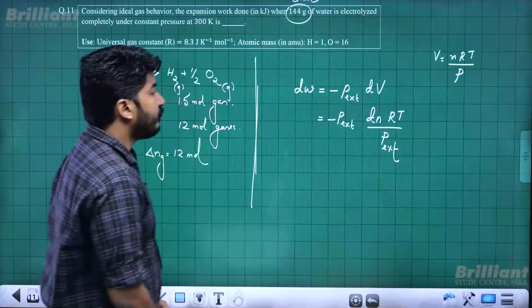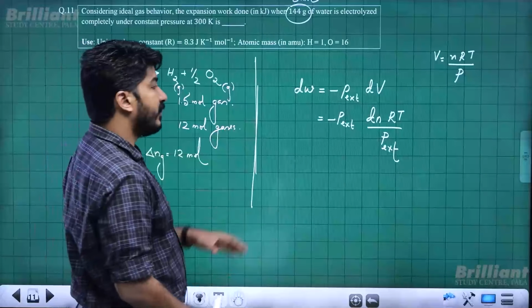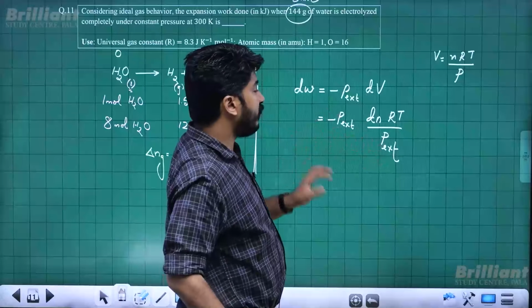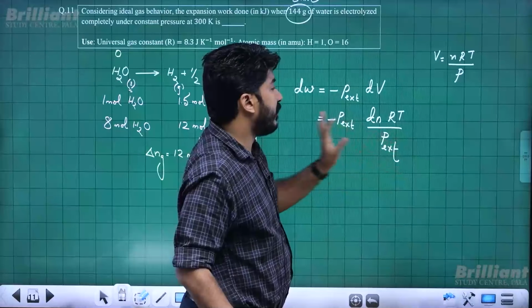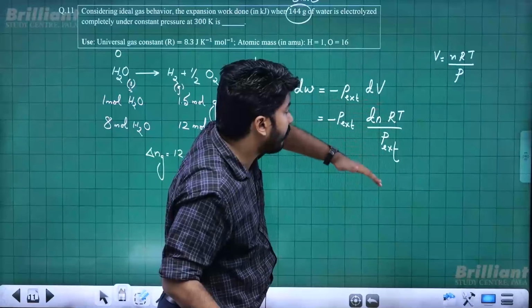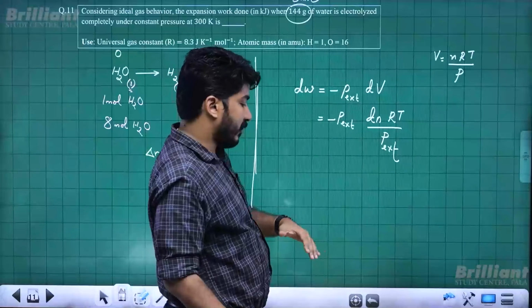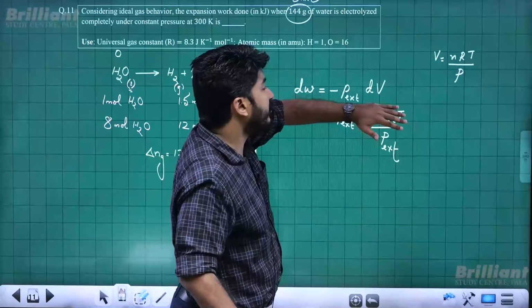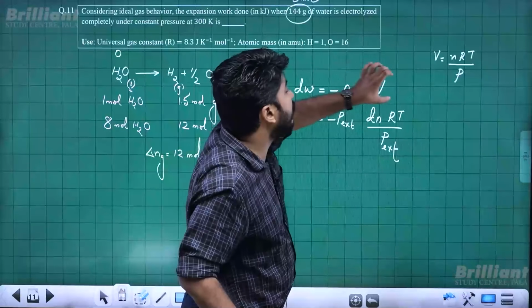and we can assume external pressure and internal pressure of the gas are the same. Either you can put here P gas and there P gas, or you can put here P external, there P external, in the second row, because both are equal. Gas pressure is equal to the external opposing pressure. But in the first equation, we cannot simply alter this, because this is the definition of work done.